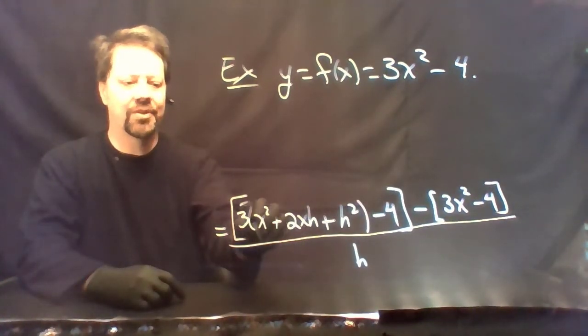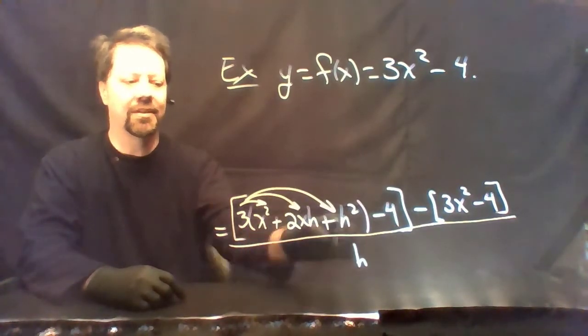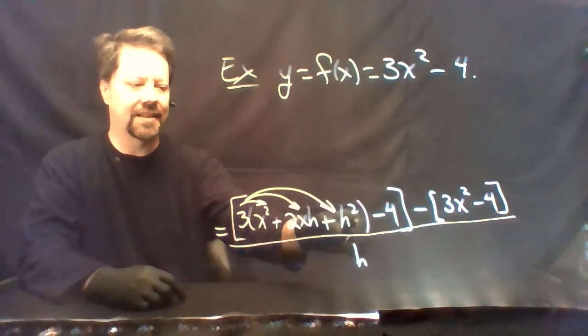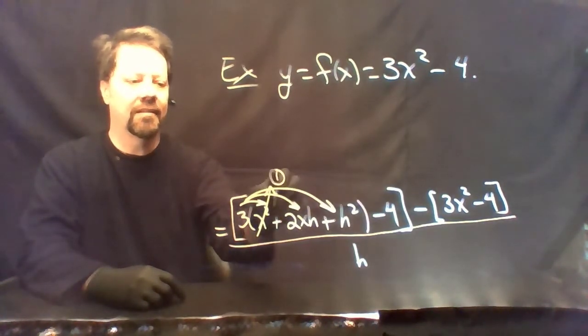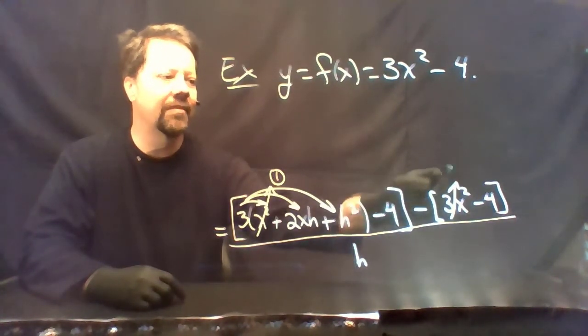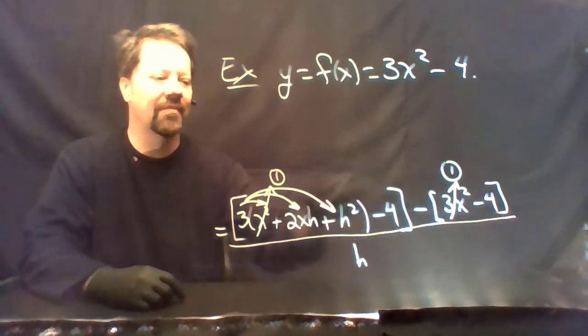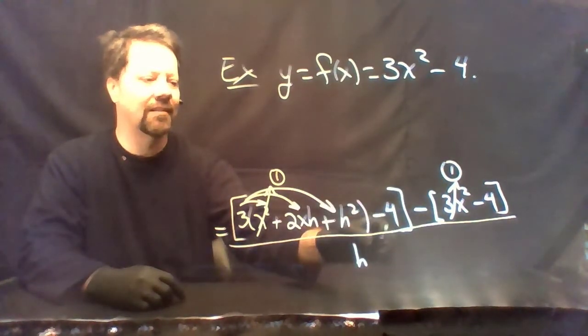Simplifying, when we distribute the 3 to each of the 3 terms inside of this first set of parentheses, we'll have a 3x squared. This term will exactly cancel the minus 3x squared over here. Notice that I'm numbering what cancels with what.